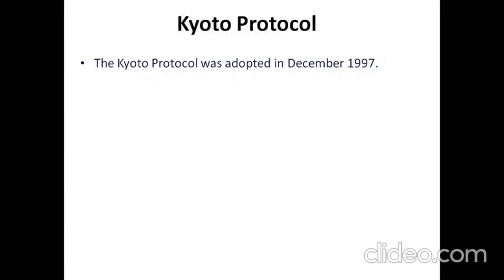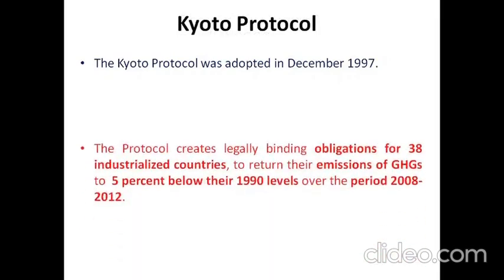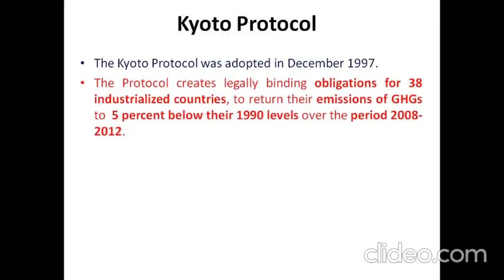The Kyoto Protocol was adopted in December 1997. The protocol creates legally binding obligations for 38 industrialized countries to return their emissions of greenhouse gases to 5% below their 1990 levels over the period 2008 to 2012.